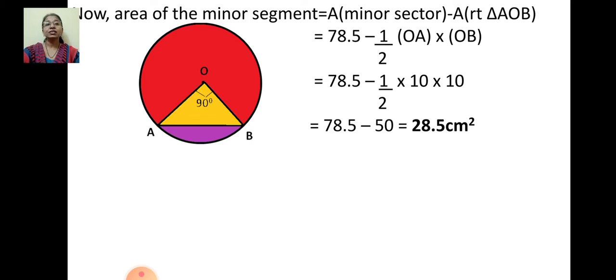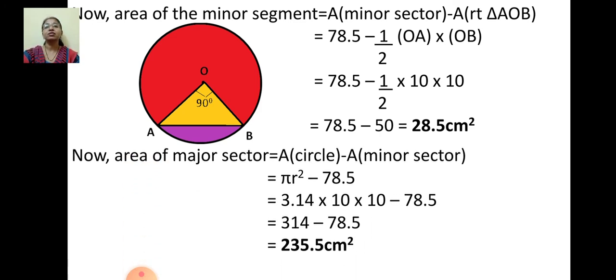Right. Now the second thing which we have to calculate is area of major sector shown by red color. This is your major sector. So area of major sector is equal to area of complete circle minus the area of minor sector. So area of circle formula is pi r square, minus this minor sector's area we have already calculated, that is 78.5.